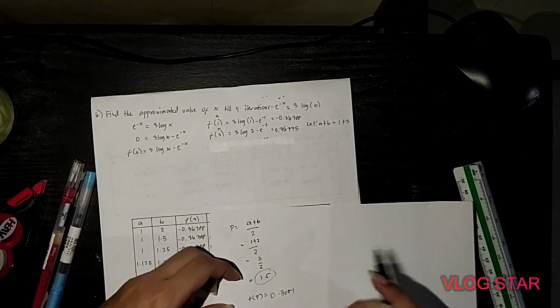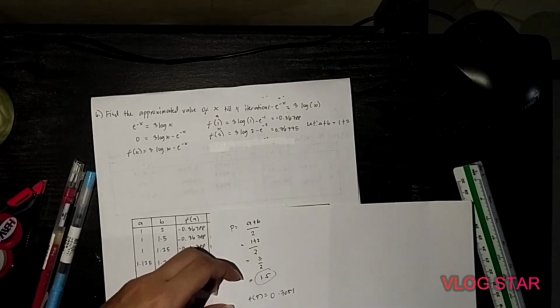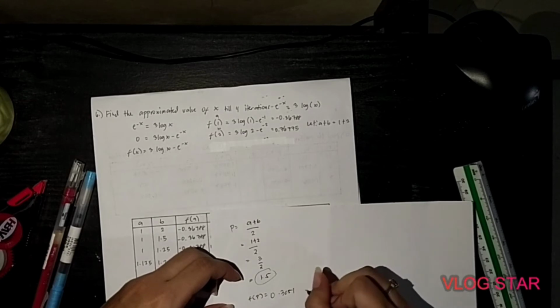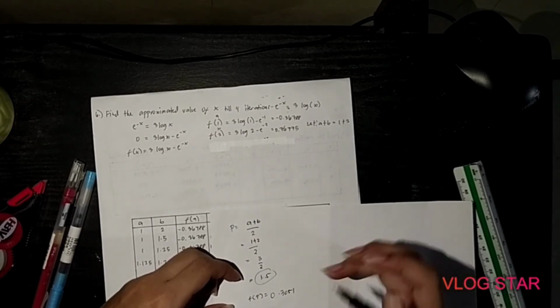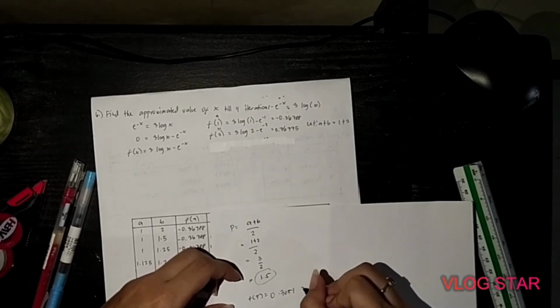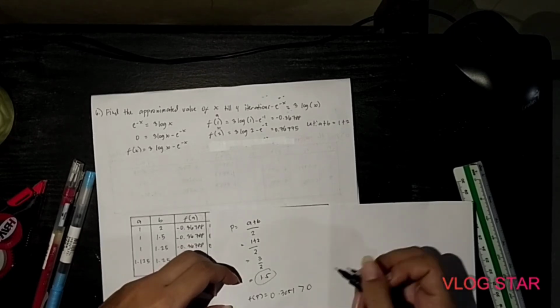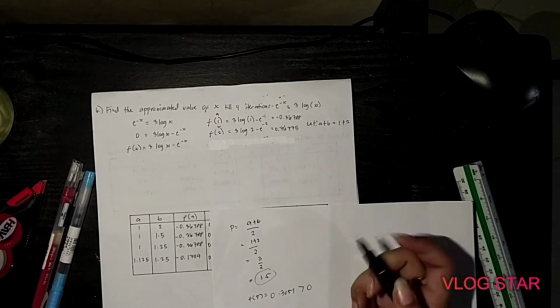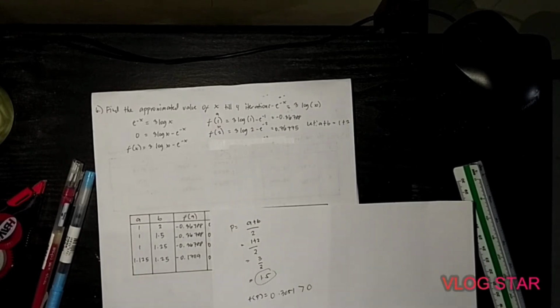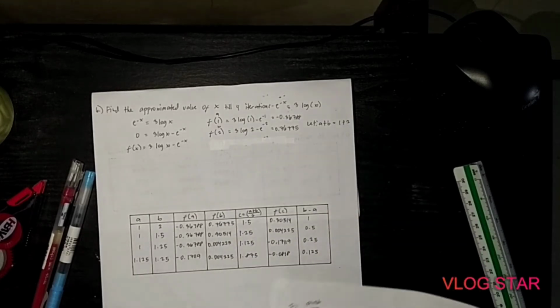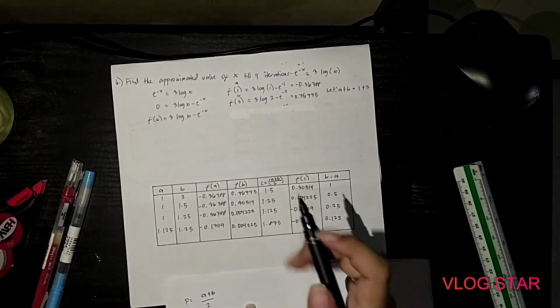0.351. And in solving for the iterations, we have the rule that if f of p is less than 0, we change a; but here in our case, we have f of p greater than 0, so we must stick to the value of a and change b. So now we have the table.